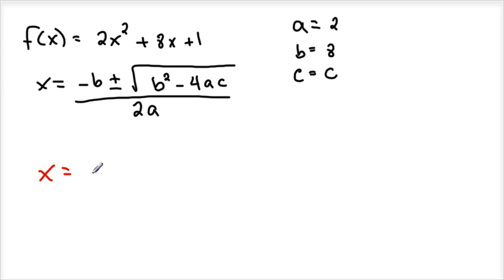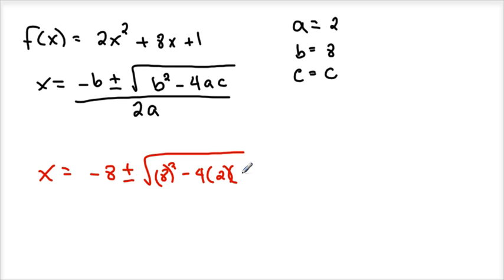X equals -8 plus or minus b squared, which is 8 squared, minus 4 times a times c, which is 1, all over 2 times a. Simplify.